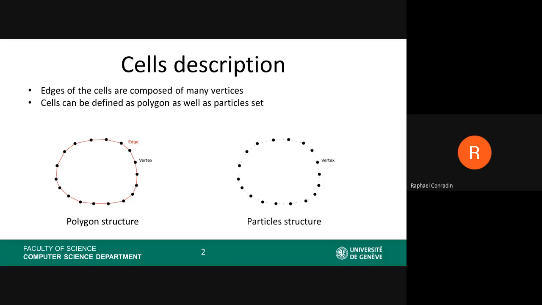So each cell is defined as a polygon with a lot of edges, and as we want to add the dynamics on that, we work mostly on the vertices. We can also see the cells as just a particle structure, which is easy to connect afterwards with edges if we want to do some graphs.